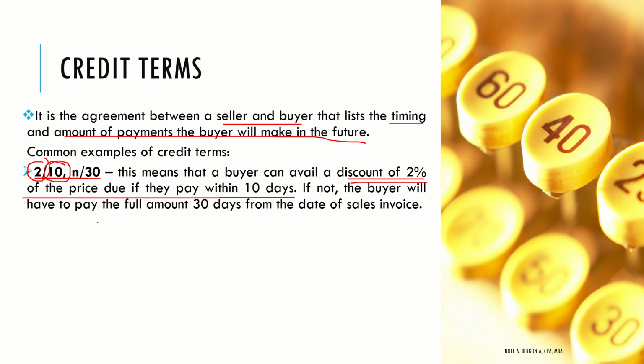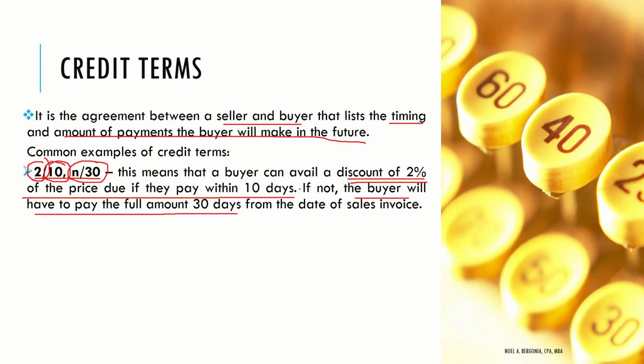Okay, pero pag lumampas na yon sa 10th day, so let's say 11th day na po, then hindi naman po kumbaga defaulted yon. Pero we are giving them n/30. Ano ba n/30? Sabi dito, if not, the buyer will have to pay the full amount in 30 days from the date of sales invoice.